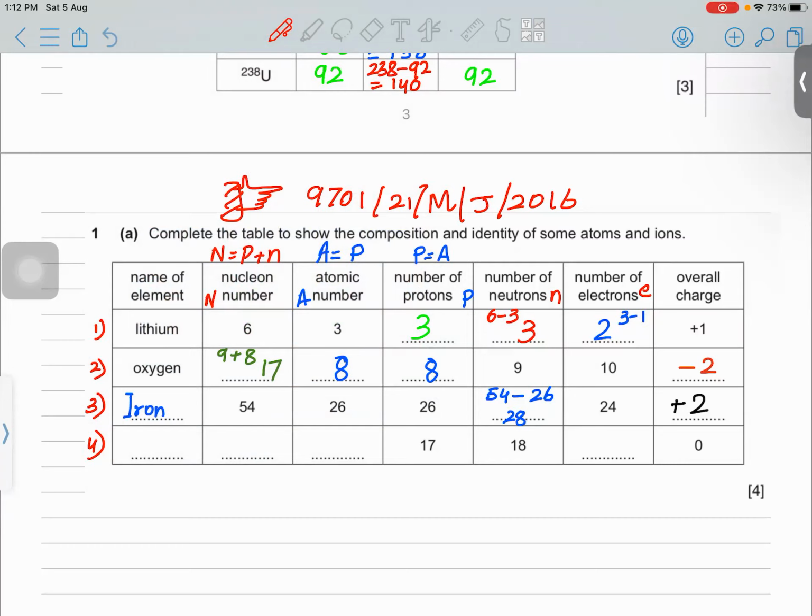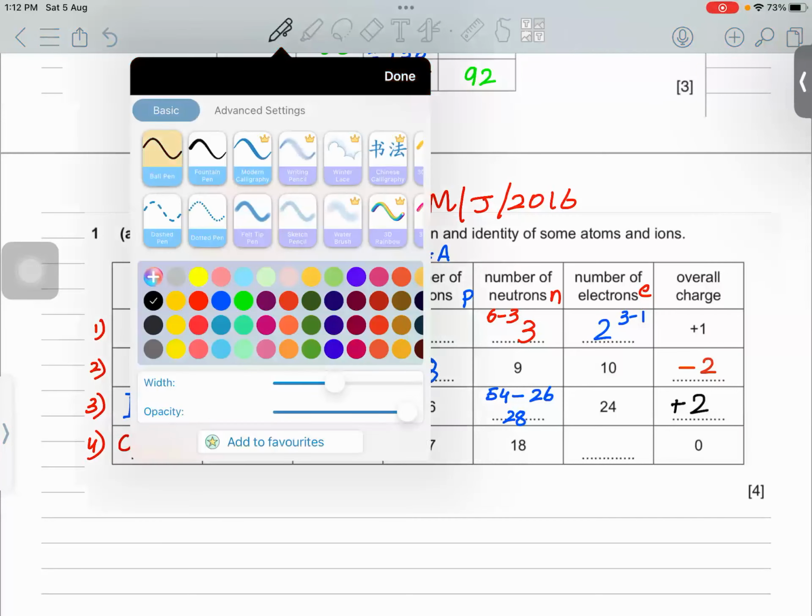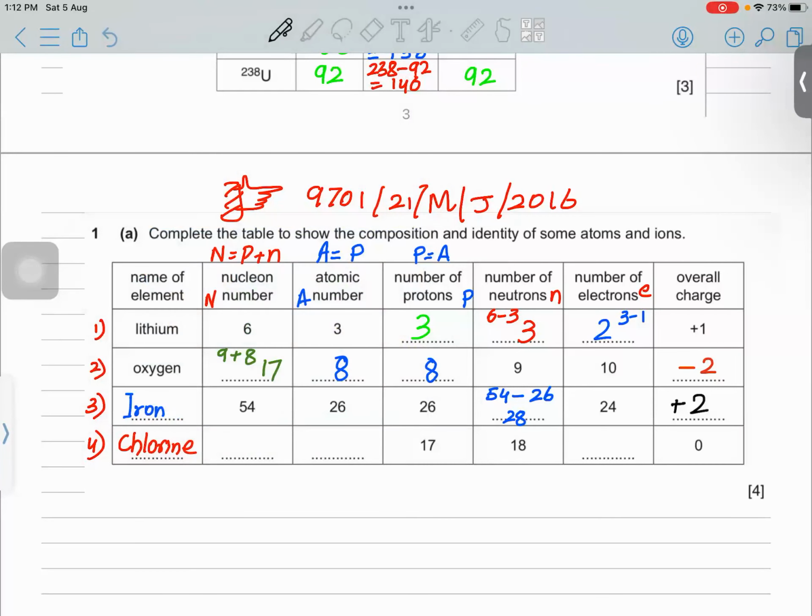This one, number 4. Okay, sir. So the name of the element is chlorine. Are you sure? Yeah, 17 protons. Very good. It's chlorine. The atomic number is also 17. Correct.